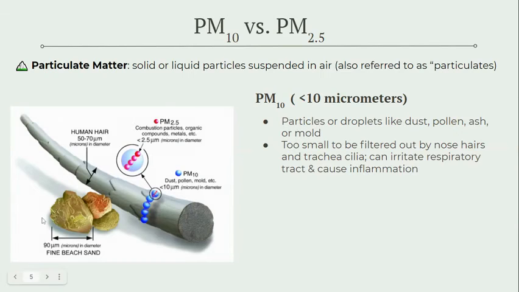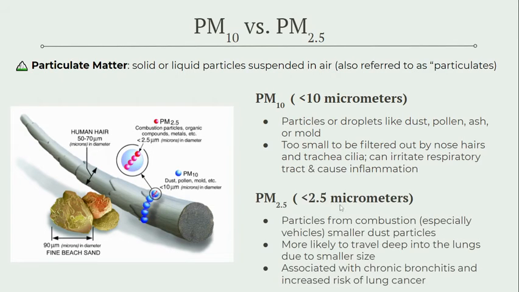So you have here grains of sand, and then you have, let's say, the average human hair, and then you have particulate matter, which is actually quite smaller than that. So this can travel through your nose and through the trachea, and it can make its way into your lungs. And even smaller than that, PM2.5, which is quite worse. Anything less than 2.5 micrometers. From combustion especially, right?